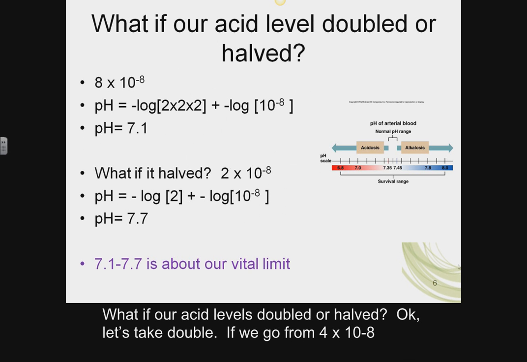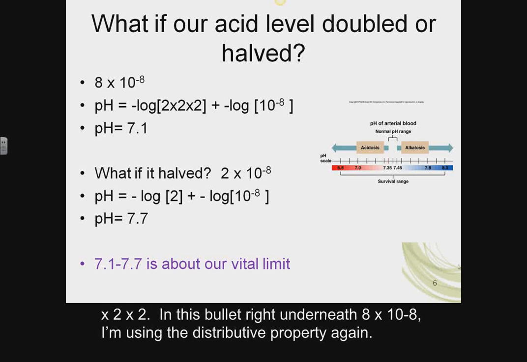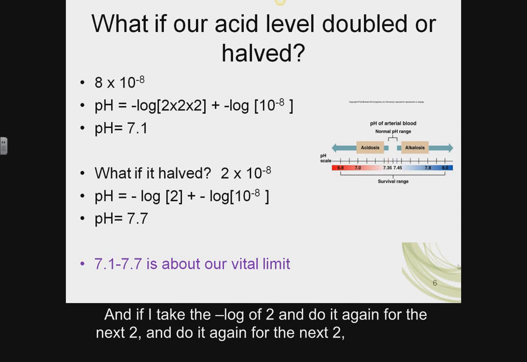What if our acid levels doubled or halved? Okay, let's take double. If we go from 4 times 10 to the negative 8 to 8 times 10 to the negative 8 and use that same pH equation, we realize 8 is really another way of saying 2 times 2 times 2.